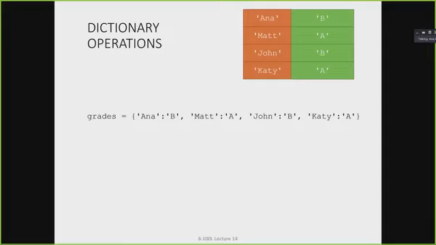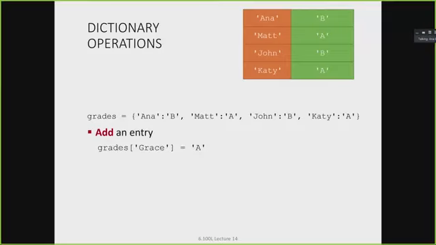So I've got my list of grades that we've been working with in the past couple of slides. Let's say that we now want to add a new student and their grade. The way we do that is very similar to the way that we would add an element to a list once we already have an index for that list, right? Here, notice we don't actually have a slot for Grace.